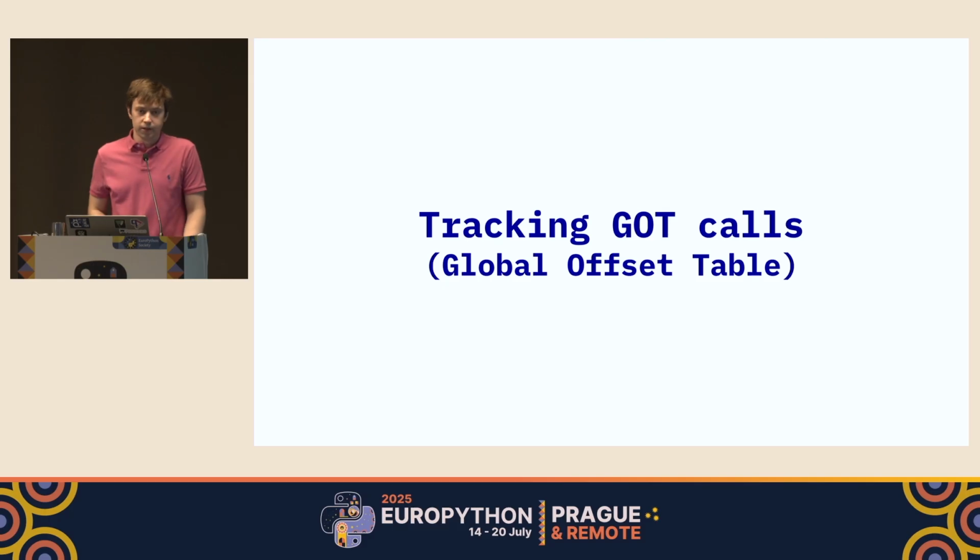The global offset table is a functionality in ELF binaries, so in Linux processes, where if you are calling some external function from an external library like glibc, this goes over this thing called the global offset table, and the addresses of the functions are saved in there. And sometimes you can corrupt those addresses so that, I don't know, instead of calling the printf function, the program will call something different. And we can track it.